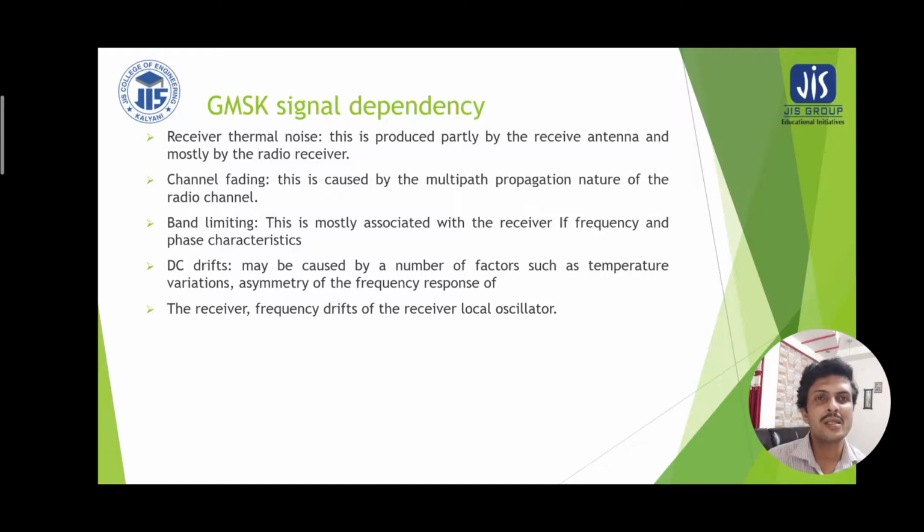In this case, though it is caused by the multipath propagation of the nature of the radio channel, channel fading has some other reasons, because when the signal is traveling through the channel, the magnitude may be degraded.